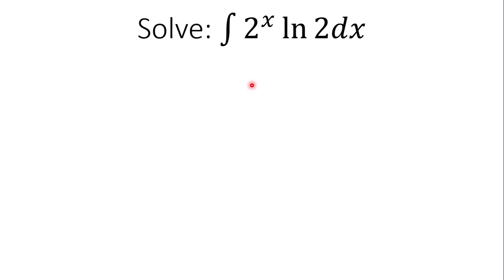First, let's write our solution. Now let's repeat this. Integral 2 raised to the power x multiplied by ln2 dx. Now let's bring this constant outside here.